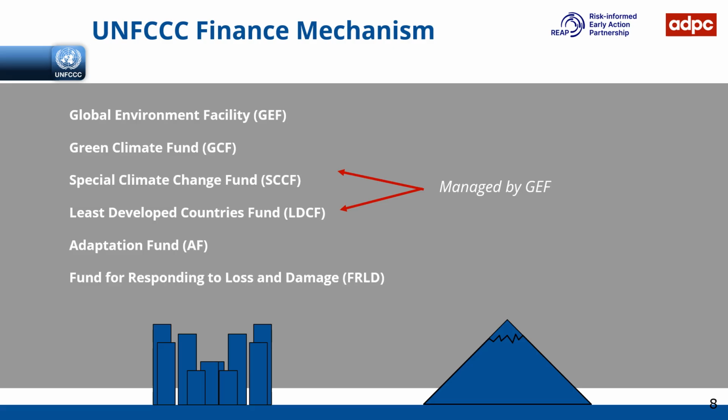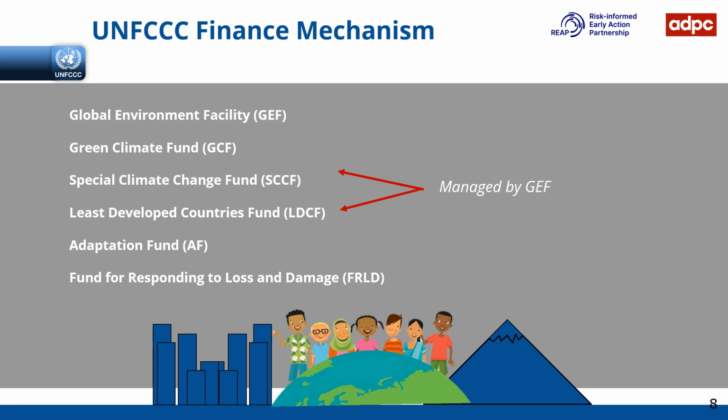The Fund for Responding to Loss and Damage is also emerging as an important part of the wider climate finance landscape. Together, these funds help connect finance to climate commitments, national priorities, adaptation needs, and equity considerations. For early action, these funds are relevant because they can support enabling systems such as climate information, early warning, institutional readiness, risk-informed adaptation, and resilience investments.